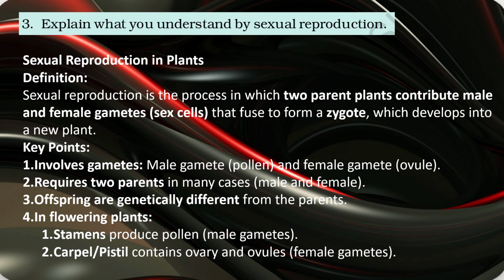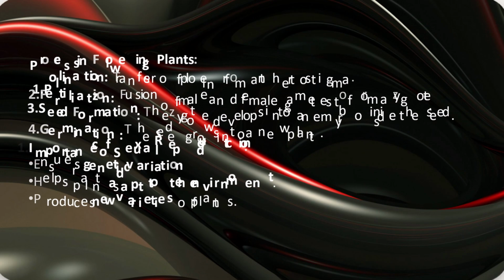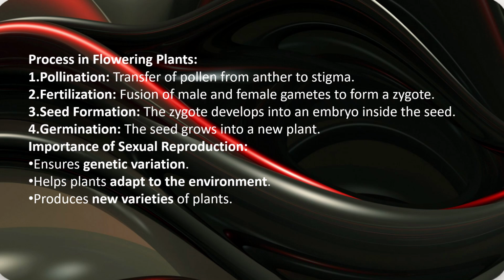4th. In flowering plants: 1. Stamens produce pollen, male gametes. 2. Carpel, pistils contain ovary and ovules, female gametes. Process in flowering plants. 1 is pollination, transfer of pollen from anther to stigma. 2.